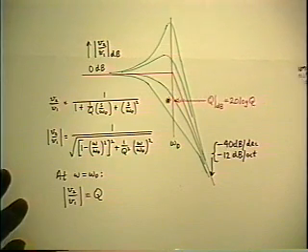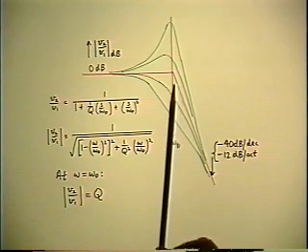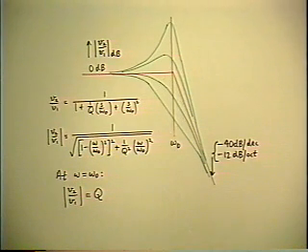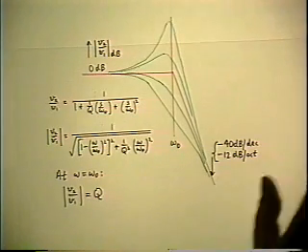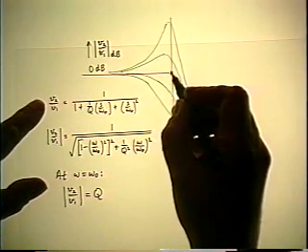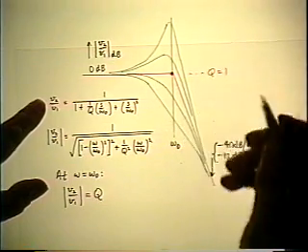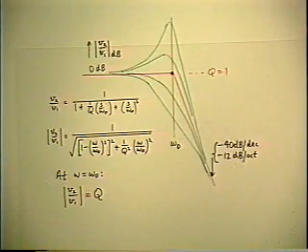Well, I purposely left out the interesting case in between. What happens if Q is exactly equal to 1? That means that the green curve that corresponds to Q of 1 goes right through the asymptote intersection. So I can mark that point Q equal to 1. What does the green curve look like? Does it have a sharp corner?